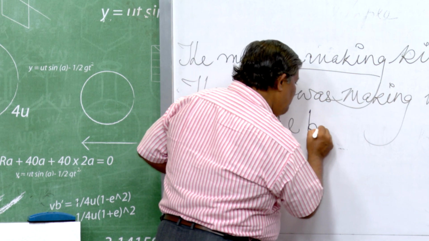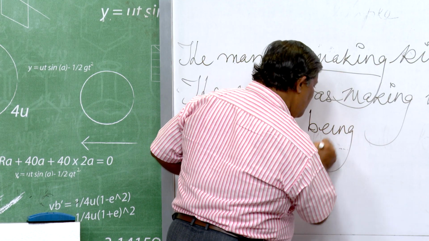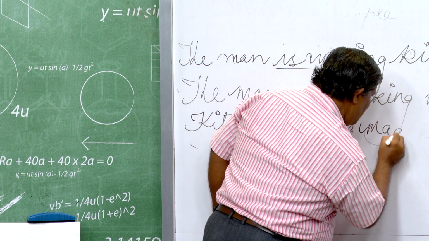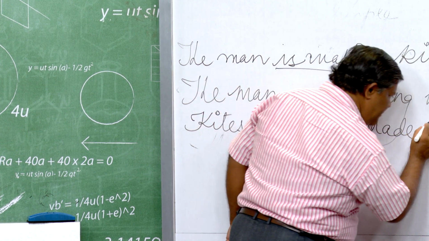Then we use being, then the third form of the verb, then by agent.